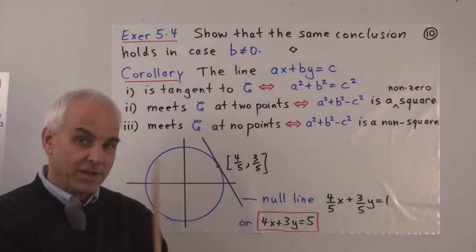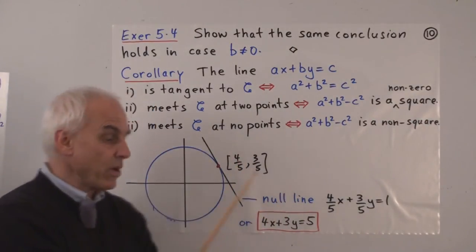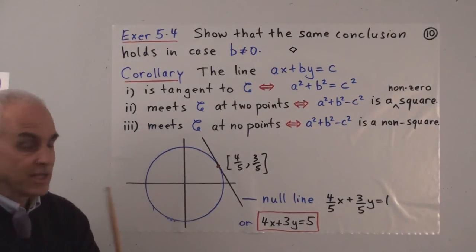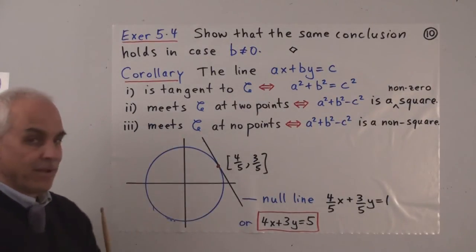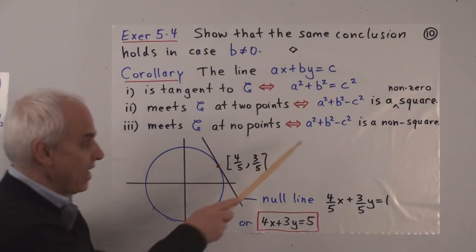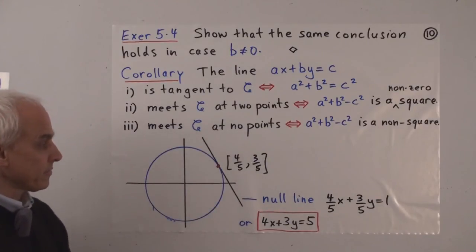Okay, that's a possibility that you have to keep in mind here. It's possible for this to be positive, but a non-square, in which case there will be 0 solutions, even though it may look like it's intersecting the circle. The algebra tells us whether there is a true meet or not.